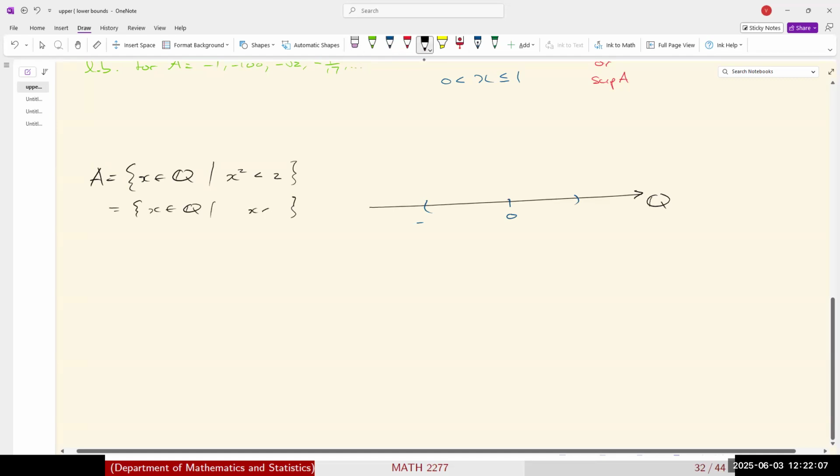It should be x between plus and minus root 2, right? So I'm looking for all rational numbers between these two values. Now, these two values, square root 2, of course, you know square root 2 is an irrational number, right?